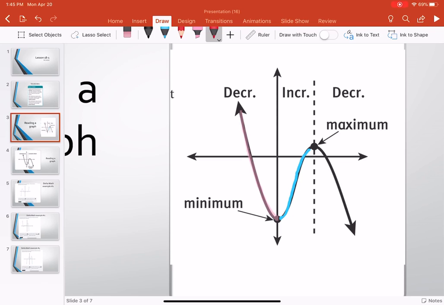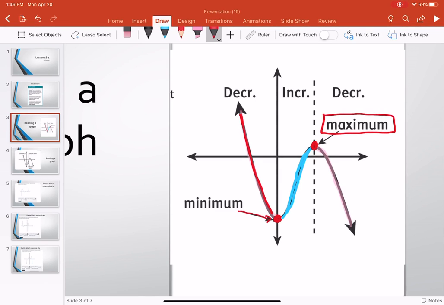Where it changes from decreasing to increasing, right here is the minimum. Then it goes from increasing, increasing, increasing, and all of a sudden it changes and goes to decreasing, decreasing, decreasing. So this point right here is called the maximum.